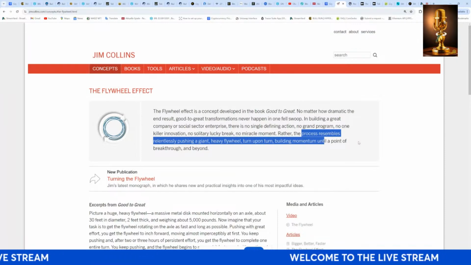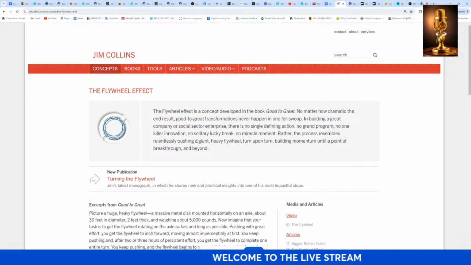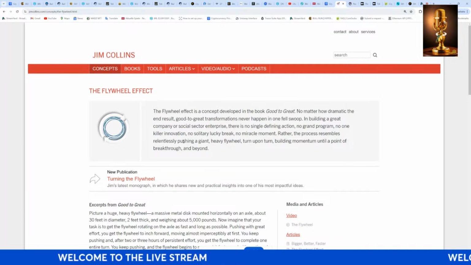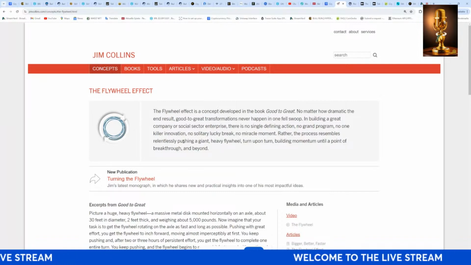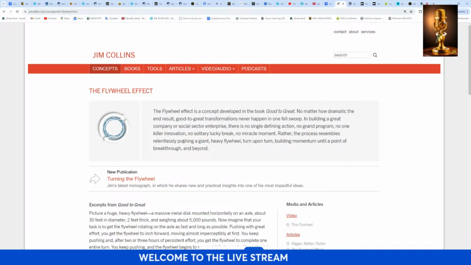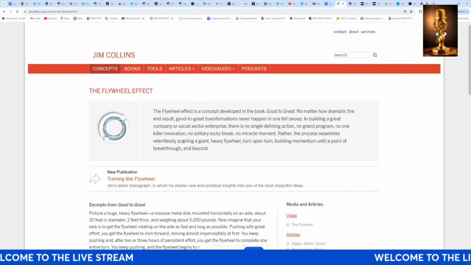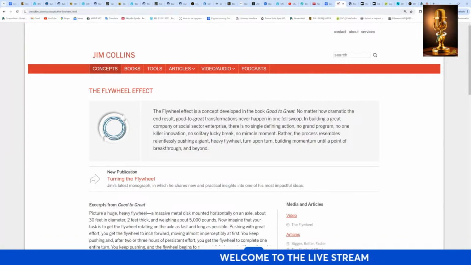A flywheel effect is a process where you relentlessly, picture this in your mind, you're pushing a giant, heavy wheel up the hill. And once you get on top of it, turn by turn, you can finally push it down the hill, where it builds momentum until it just goes so fast and beyond, and nothing can stop it.